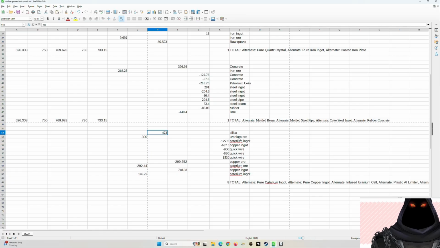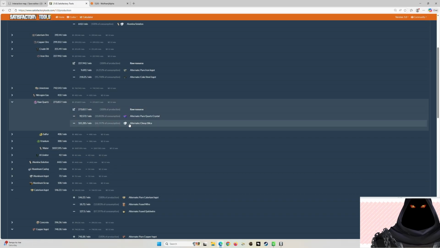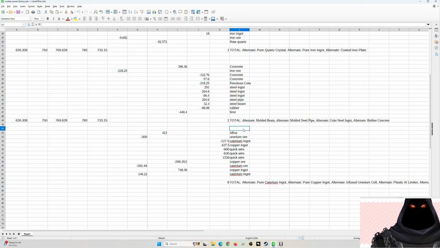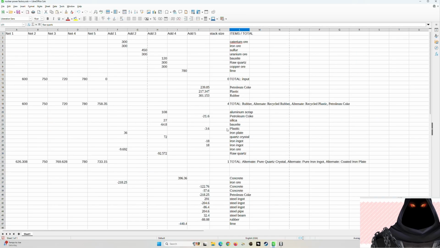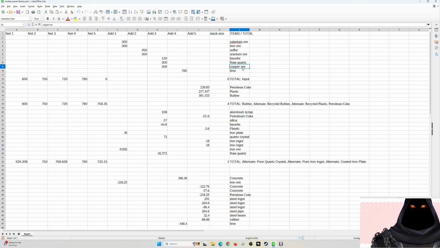So is that it? Silica requires quartz crystal. Raw quartz. Raw quartz again. Caterium ingot. Copper. Copper is line 3.